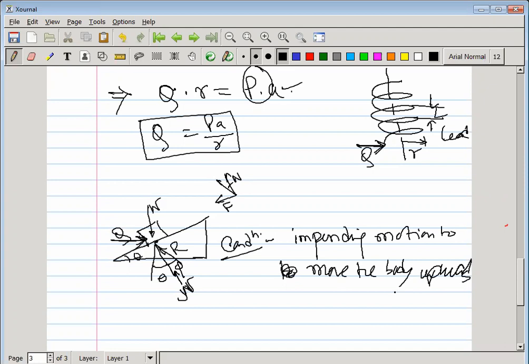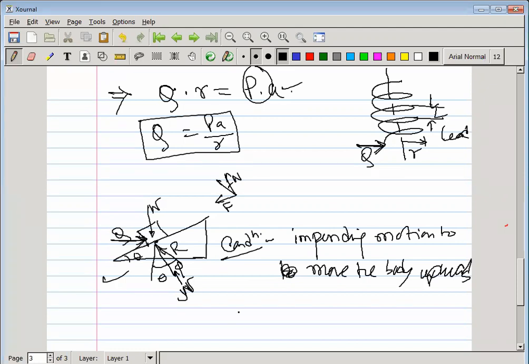Okay, means what is the condition in which the body starts to move upward using that jack. So that is the condition here. Now here another case may be possible, that is self locking. So what is the condition for self locking?